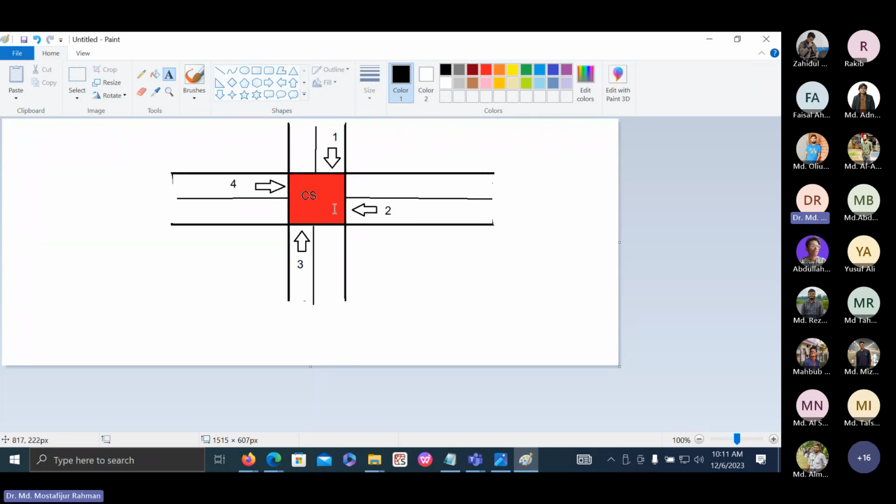It is called mutual exclusion. Understand? This is called synchronization. This method is used to synchronize these four cars to overcome the concurrent access of the critical section.